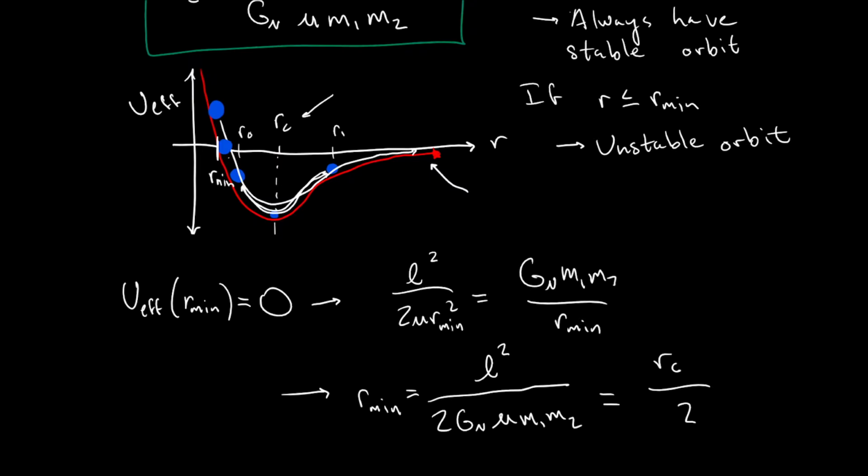And the biggest one is that we have gotten a ton of information without ever actually solving the problem. We just got this U effective. We found the condition for stable orbits, we found the condition for unstable orbits, and we found the condition for circular orbits, which is actually huge. I mean, that's a ton of information. We don't have the exact evolution of the system, but it's still a lot of information packed into never actually solving the dynamics.